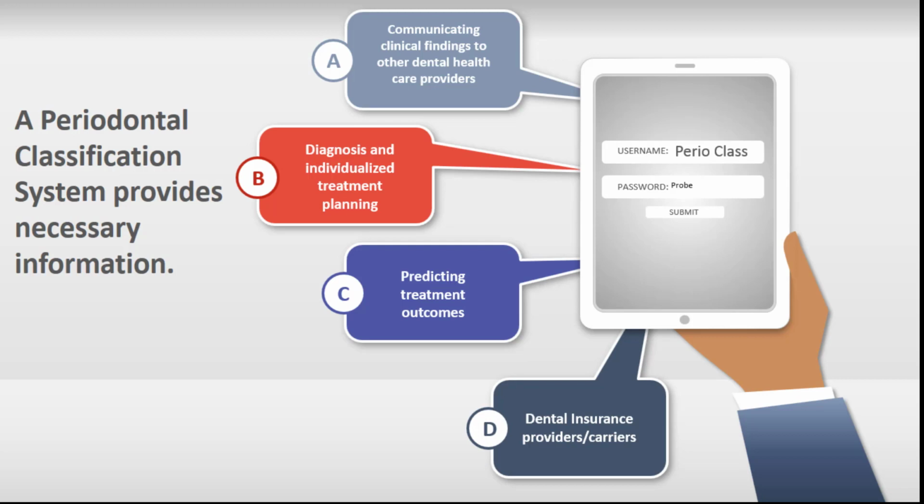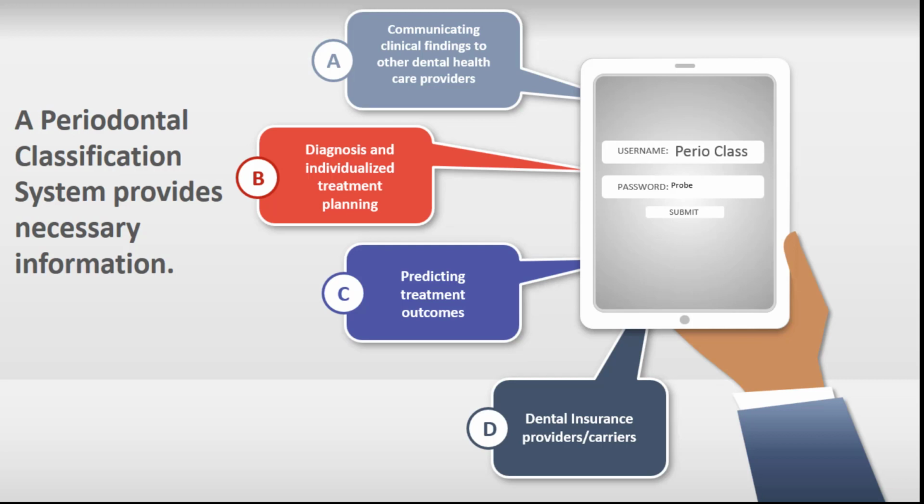And then, of course, for the information that we need to provide dental insurance providers and carriers. For any patient that has dental insurance, this is just a reality of our job. We do have to justify the treatment that we are charging out for the patient. So if you have a patient, for example, that has, let's say, stage 3 periodontitis, grade B, this is something that we would be sending to the dental insurance companies along with their x-rays and their periodontal assessment.